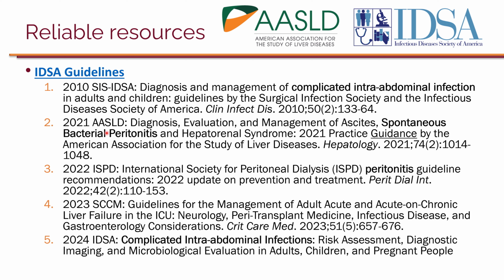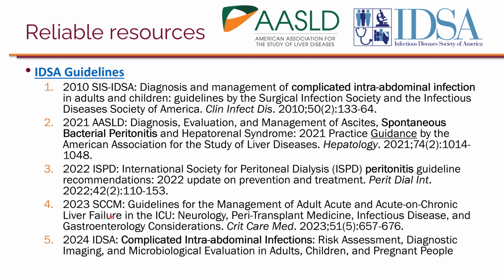The AASLD, or the American Association for the Study of the Liver, also released guidance in 2021 for the management of ascites, spontaneous bacterial peritonitis, and hepatorenal syndrome. Some patients who are on peritoneal dialysis can also develop peritonitis as a result of dialysis, and ISPD, the International Society for Peritoneal Dialysis, also has guidelines for management of peritonitis in those patients.